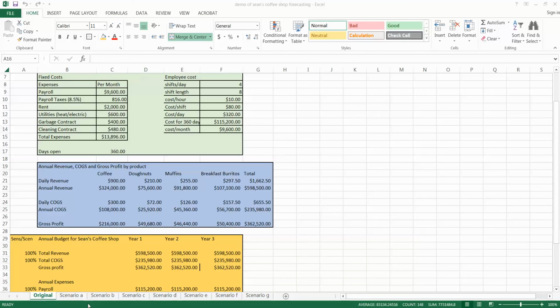So the very first thing we're going to do, as you'll recall, is take your original worksheet and copy it over into different tabs so that you can do each scenario separately.